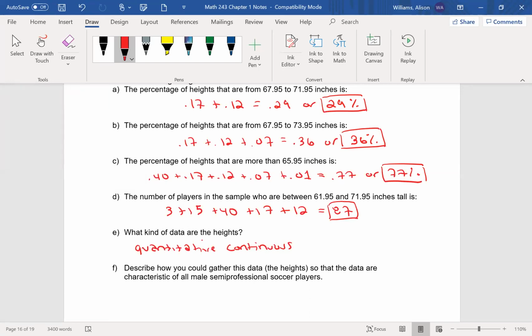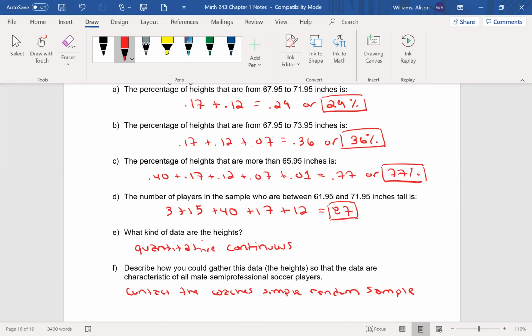But we would probably contact some of the coaches, right? And I think it'd probably be easiest just to do a simple random sample. The reason is we're talking about a pretty homogeneous group of individuals.